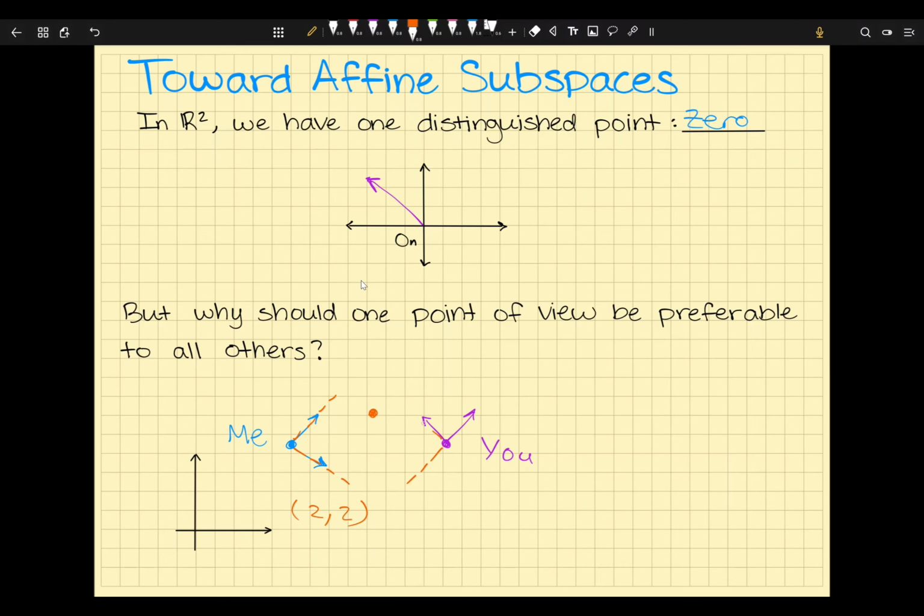So maybe in your perspective, that point is roughly -1, 2. Let's go with that. We're looking at the same point, describing the same point from different points of view, and the whole point is that's fine. No point of view is more correct than another.